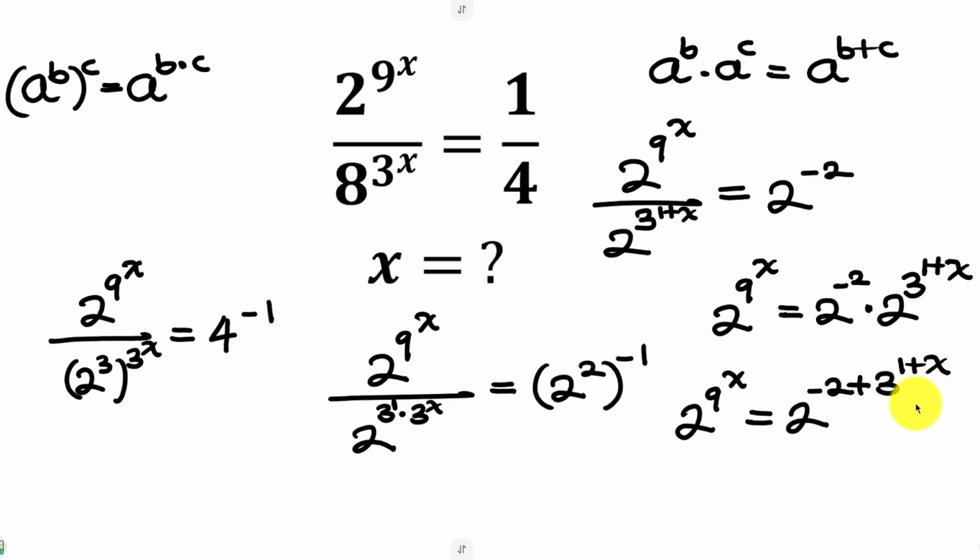Very good. Now notice something. The base on the left and the base on the right are the same, so we can equate their powers. So the power here is 9 to the x. This is equal to the power here, which is negative 2 plus 3 to the power of 1 plus x. Very good.